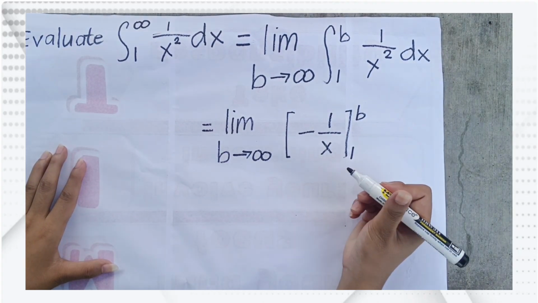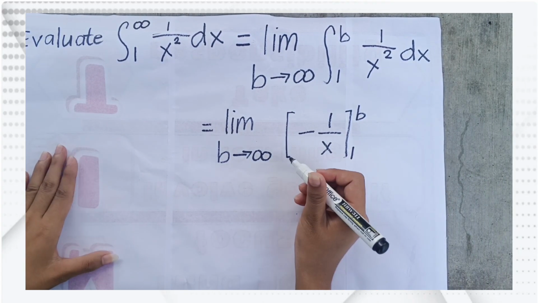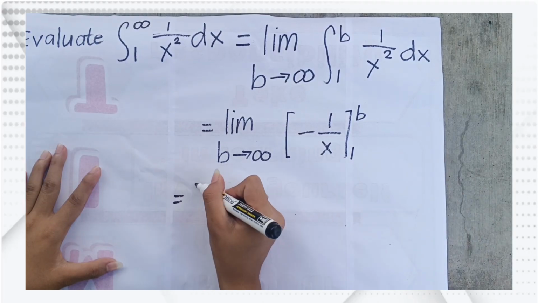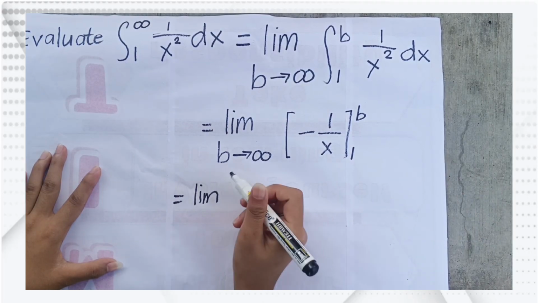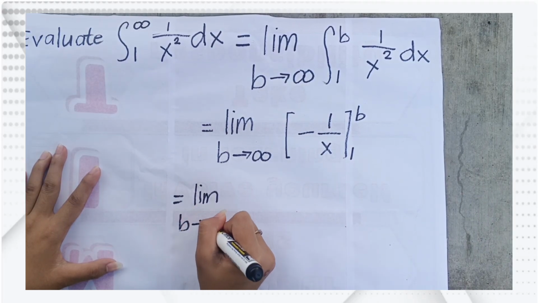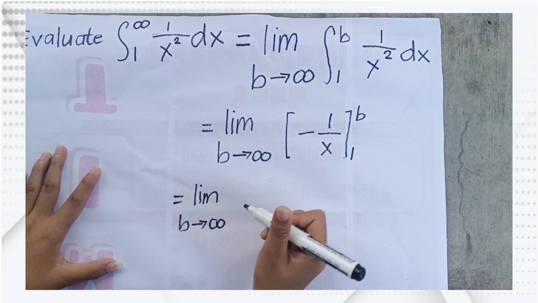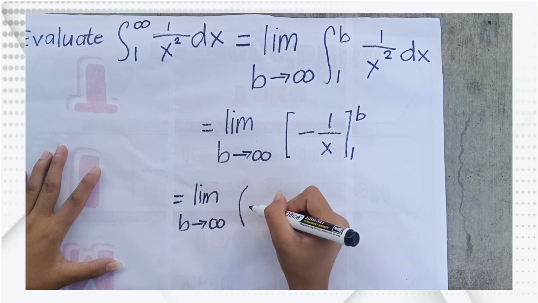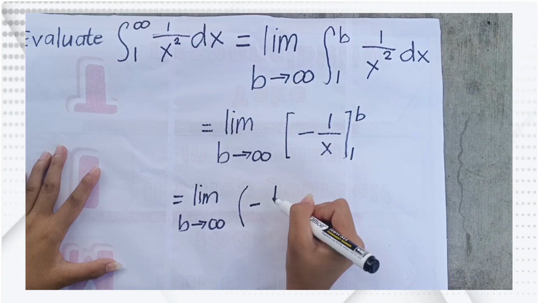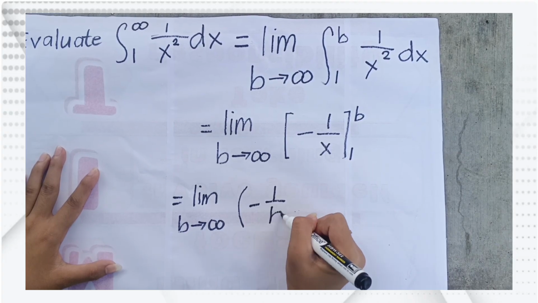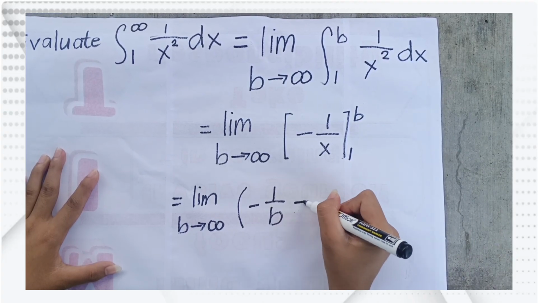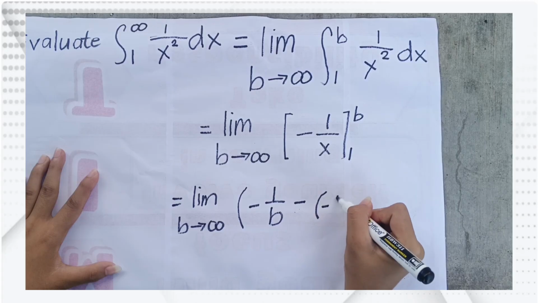Now, evaluate from 1 to b. It is equal to the limit as b approaches infinity of negative 1 over b minus negative 1.